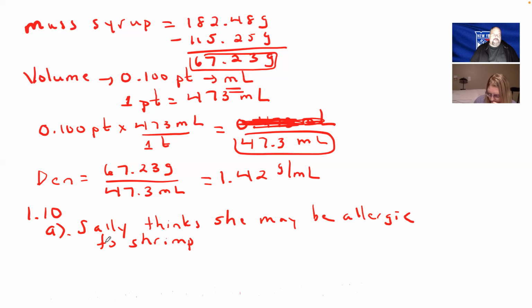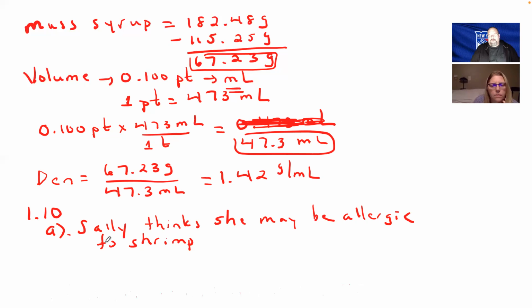Is it an observation? Did she observe that she may be allergic to shrimp? Possibly. Is it a hypothesis? Is it a question? Sally thinks she may be allergic to shrimp. Sounds like a question. She's thinking for whatever reason that she may be allergic to shrimp.